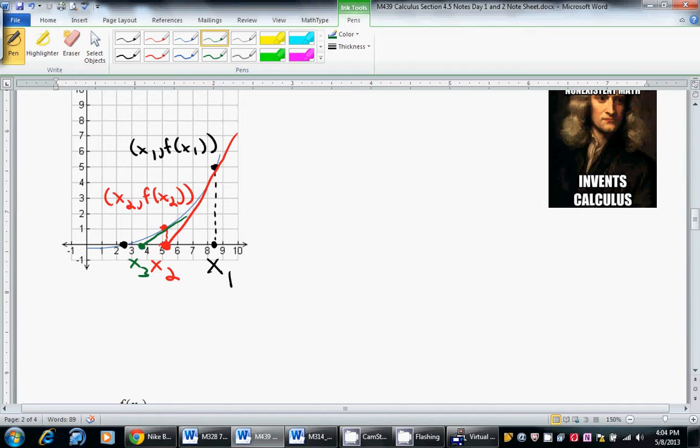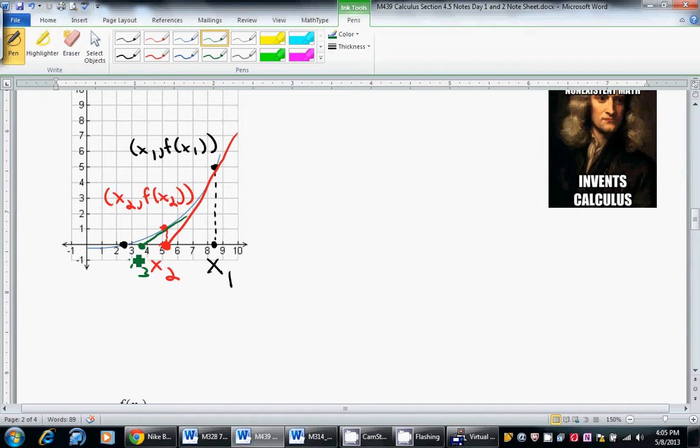Now, you find that x-coordinate, find the tangent line to the function at that x-coordinate, and start the process over again. Find the x-intercept, find the point on the graph, tangent line, x-intercept, over and over again. And the more you do that, the closer and closer you're going to get to that x-intercept right there. So that's what we're looking for.